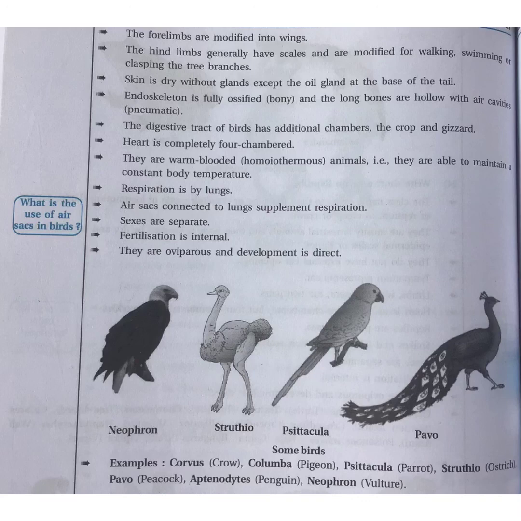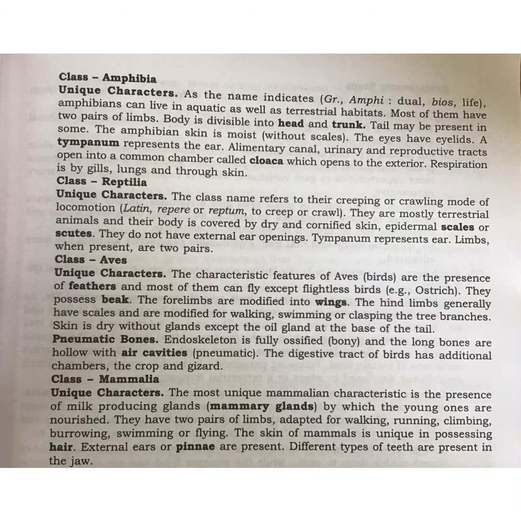Now in the last slide I have shown you how you can summarize or remember the common points. Some terms are also highlighted, like in amphibia the body is divided into only two parts, head and trunk. Then one more special term, that is tympanum, and lastly presence of cloaca. So in this way there are so many important terms which you can highlight or write.